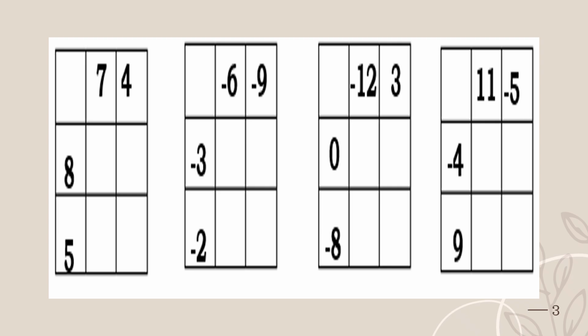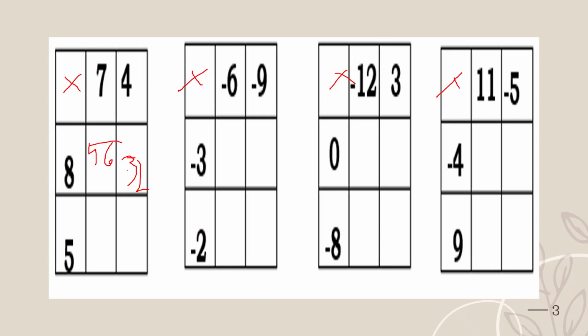Now let's answer this one. So, okay, you use times here, so we can use x as our sign of multiplication. 7 times 8 is equal to 56. 4 times 8 is 32. 7 times 5 is 35. 4 times 5 is 20.